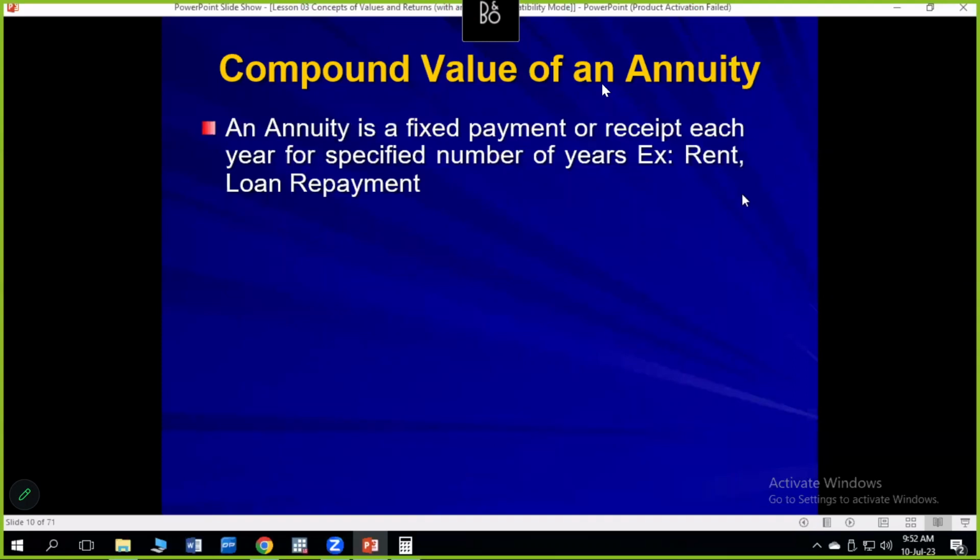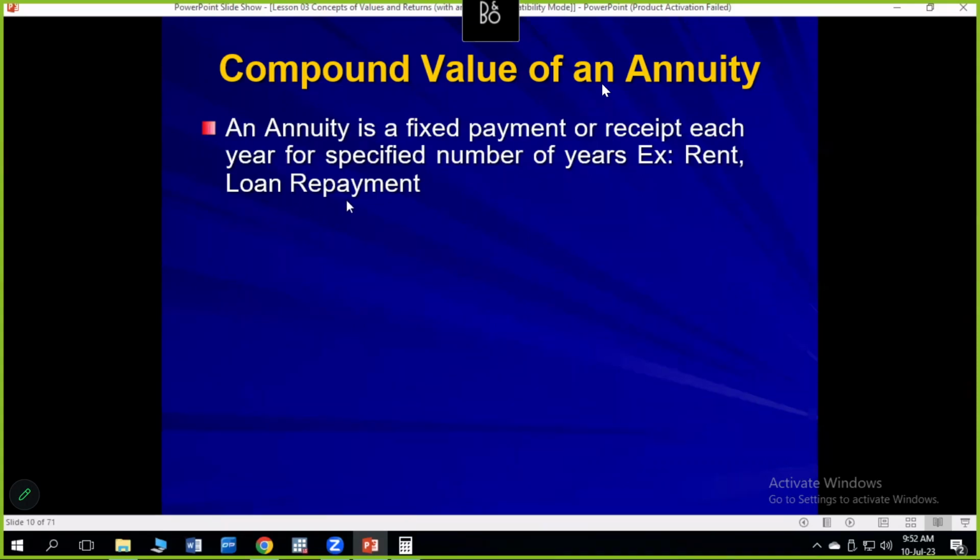When you let your house for rent, you determine a fixed rate, and the tenant should pay you the fixed amount on a monthly or yearly basis. So it is called an annuity.